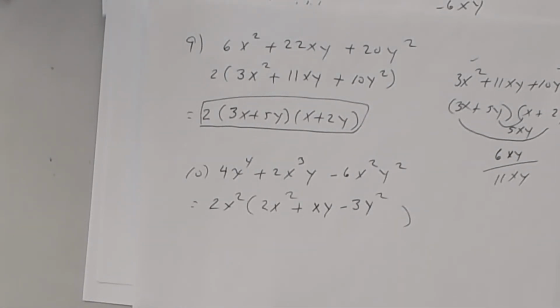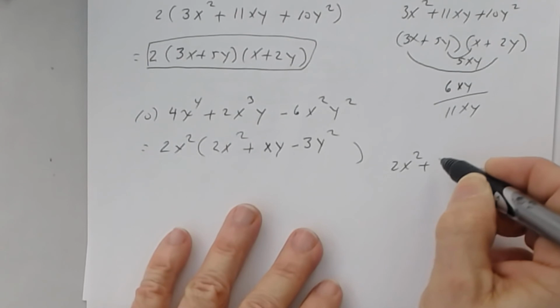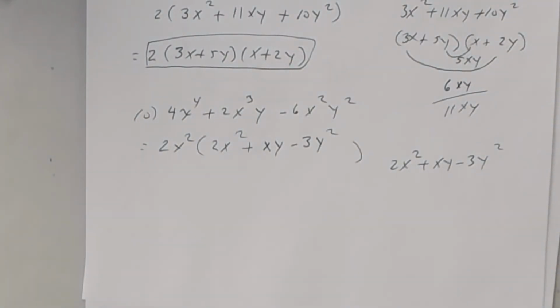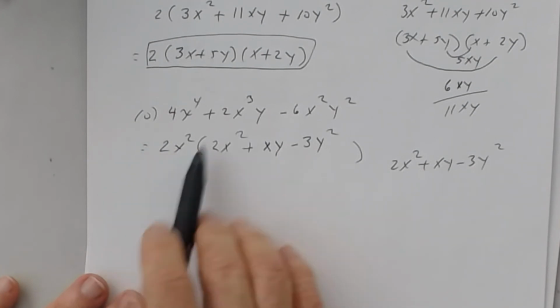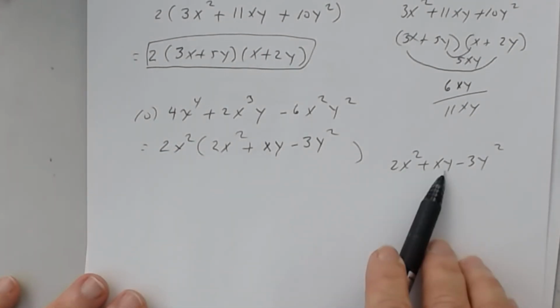All right. Are you done? Now you got to take that trinomial and see if you can factor that further. Now that's an easy one now because 2 and 3 are prime. All right, so let's go. And remember, we said the GCF is 2x squared, so that means this trinomial better have a GCF of 1, and it does.